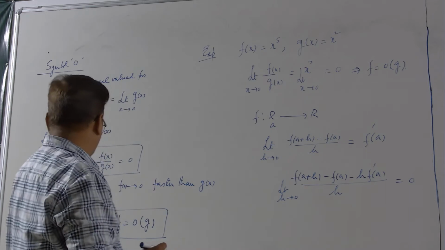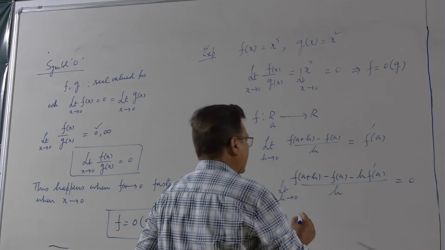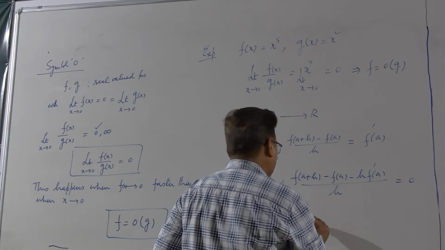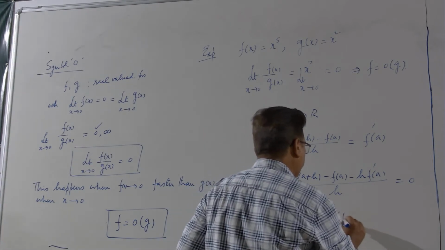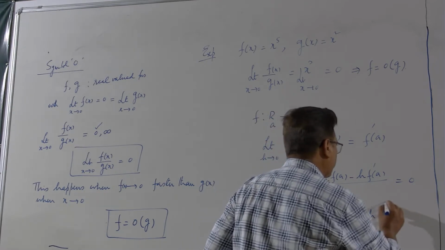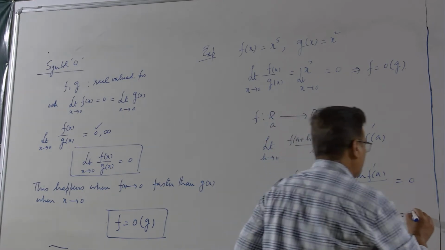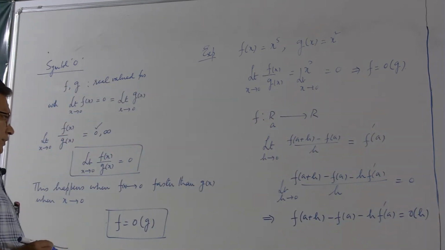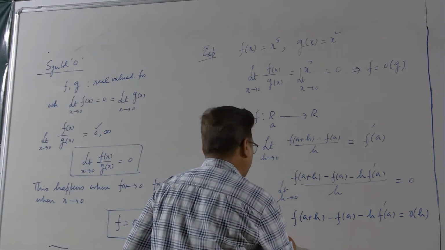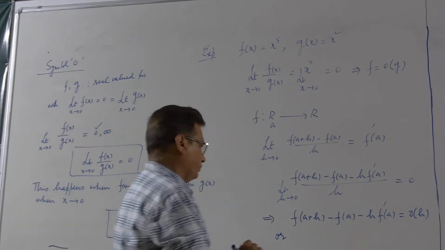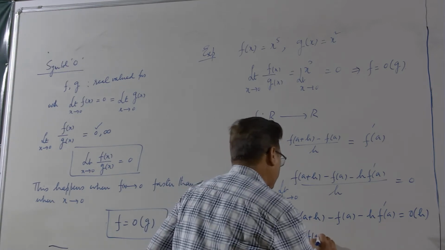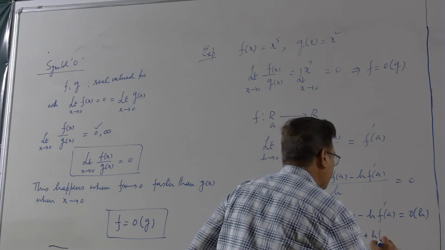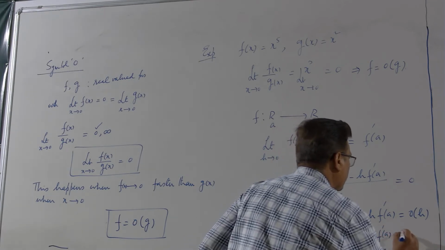So, the derivative of f exists at a point a if the limit of this quotient is 0. Now, in our symbolic representation, I will say that this is equivalent to saying that f of a plus h minus f of a minus h times f dash a is o h. Or I can also rewrite it as, if it is visible to you, f of a plus h is equal to f of a plus h times f dash a plus o h.